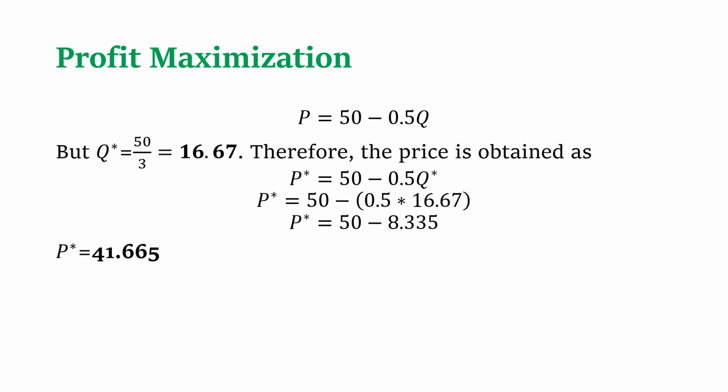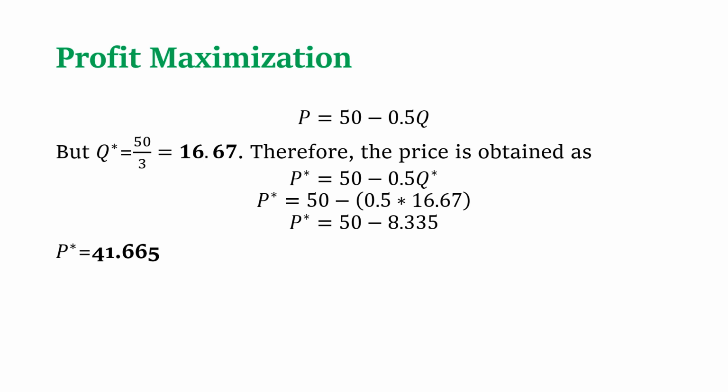Therefore, the price is obtained as P star equals 50 minus 0.5 Q star. We know Q star is 16.67, right? We just plug that in there, and then we solve, we have 41.665. So that is the answer, $41.67. Okay? So that is the result.